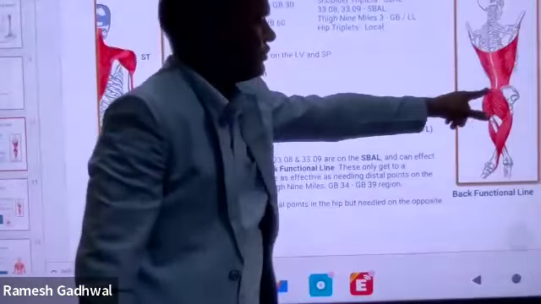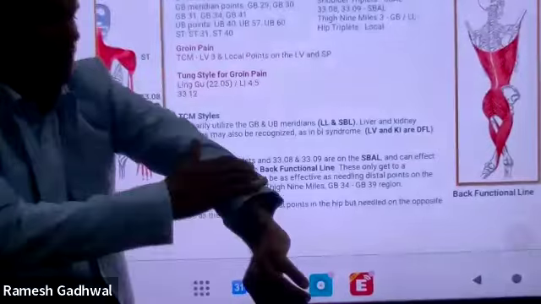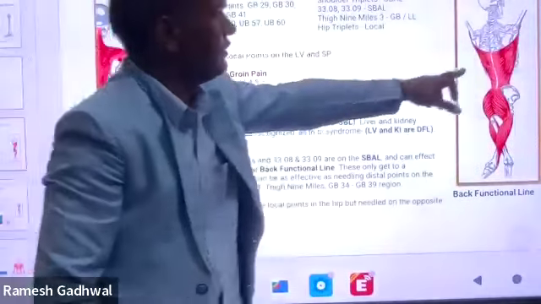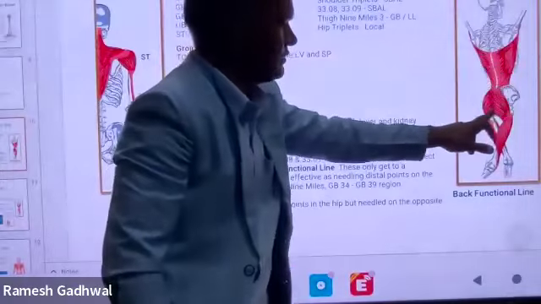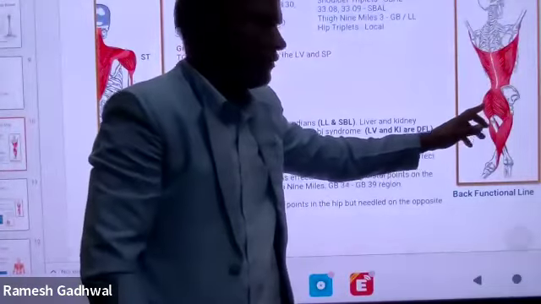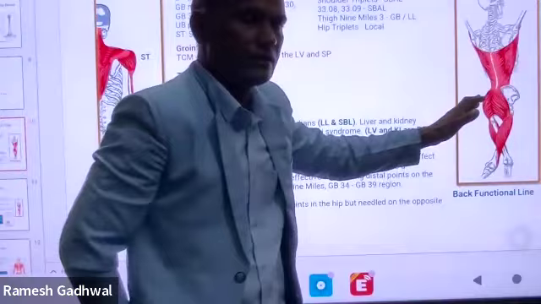It is joining with the superficial, then it is joined with the latissimus dorsi, then it is treating the opposite side glutes muscle.